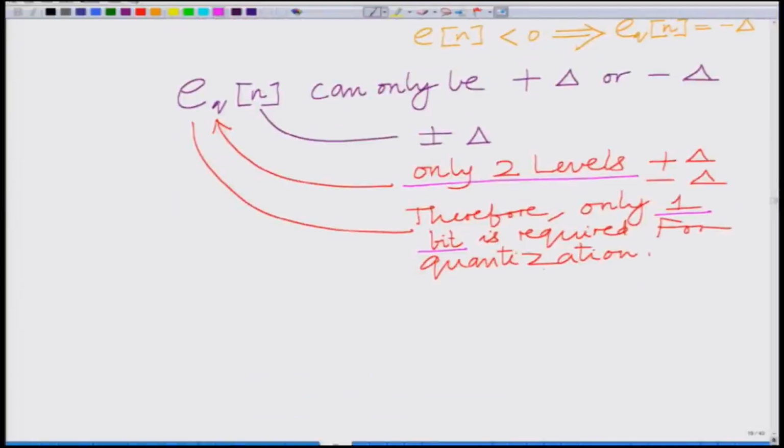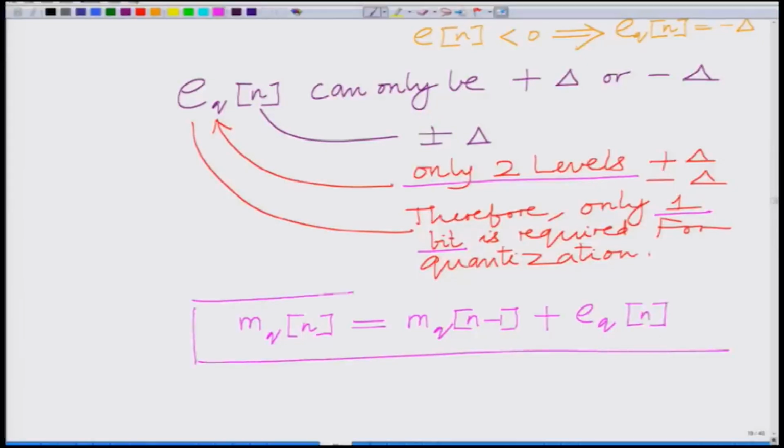Okay. So, this is your quantization, and now how do we reconstruct the approximation? Now, we have MQ[n], which is the approximation at time n, which is also, in fact, if you think about it, the reconstruction at time n. This is MQ[n-1] plus EQ[n]. Okay.